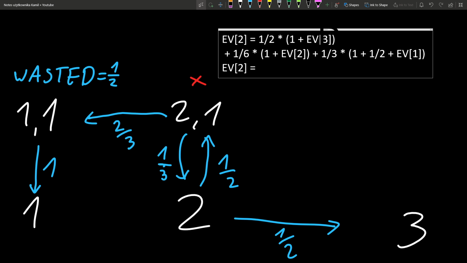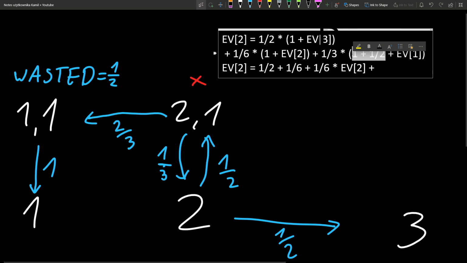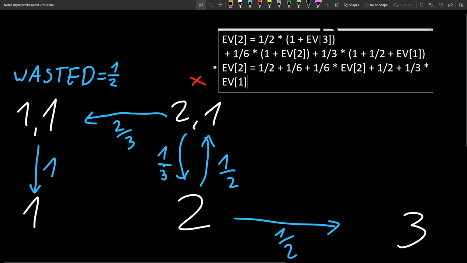Let's now simplify this. EV of 2 is half plus this. EV of 3 is 0. I can skip that completely. Half times 1/6 plus this plus 3/2 times that is just half. I will combine those. Half and half is 1.